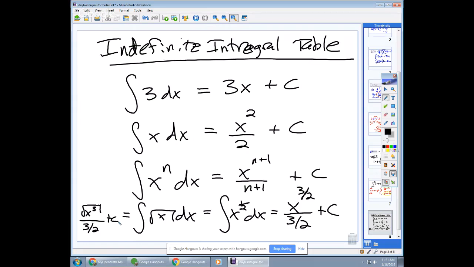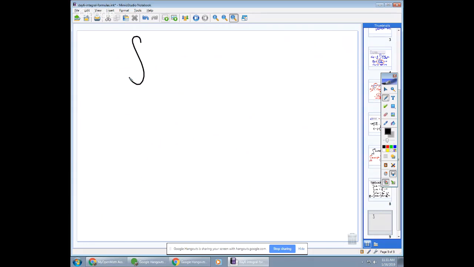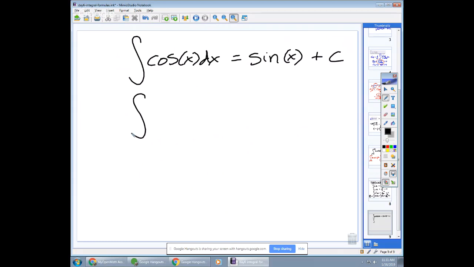Other functions we played with before, antiderivative for the cosine of x would be what? Almost. Yeah, it'd just be the sine of x because the derivative of the sine is the positive cosine. It's the other way that gives us trouble. If we try to take the antiderivative of the sine of x, that's where the negative comes in.